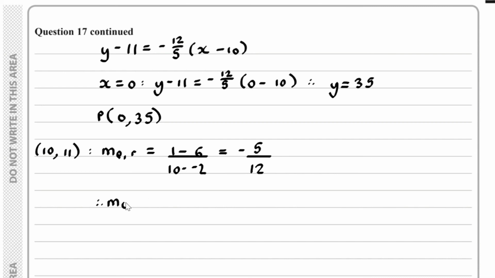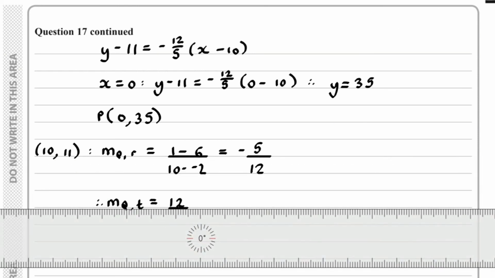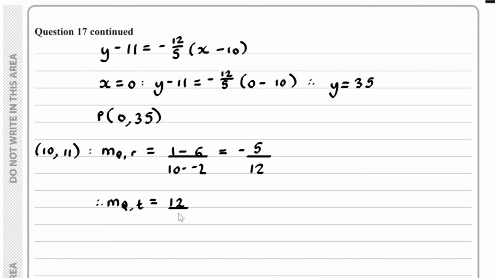So the gradient of the tangent then is equal to 12 divided by 5. So that's a negative reciprocal.